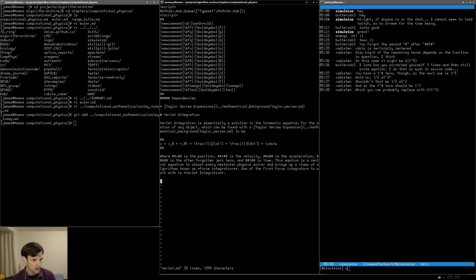So, Verlet integration is essentially a solution to the kinematics equation for the motion of any object, which can be found with a Taylor series expansion to be. I need the jerk term in there because without the jerk term, it doesn't make sense that the order of the error is O(t) to the 4th.